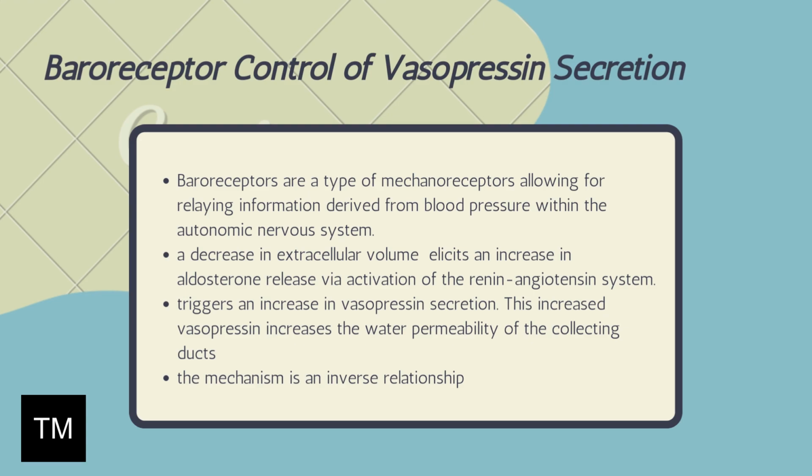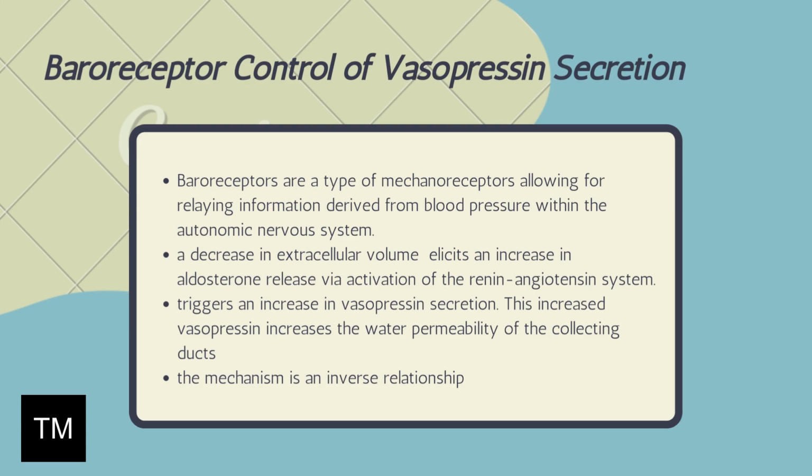The baroreceptors transmit fewer impulses via afferent neurons and ascending pathways to the hypothalamus, and the result is increased vasopressin secretion. Conversely, increased cardiovascular pressures can cause more firing by the baroreceptors, resulting in a decrease in vasopressin secretion.